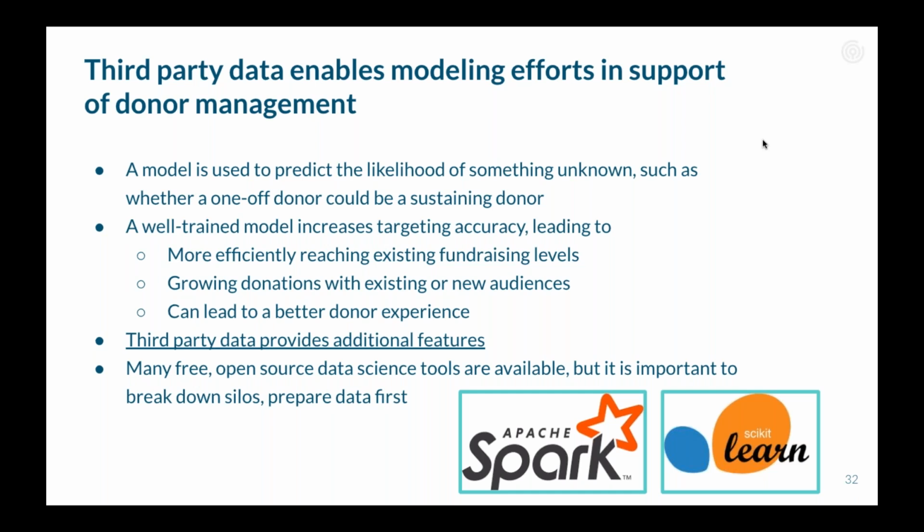And that's because you need to have the same data available for both your known universe as well as your target universe. Like I said, modeling could be the topic of a whole other webinar, but we did want to call out that there are many free open source data science tools available. But in order to use these and to leverage modeling, it's important to first break down those silos and prepare your data, whether you're using third-party data, first-party data, or both.